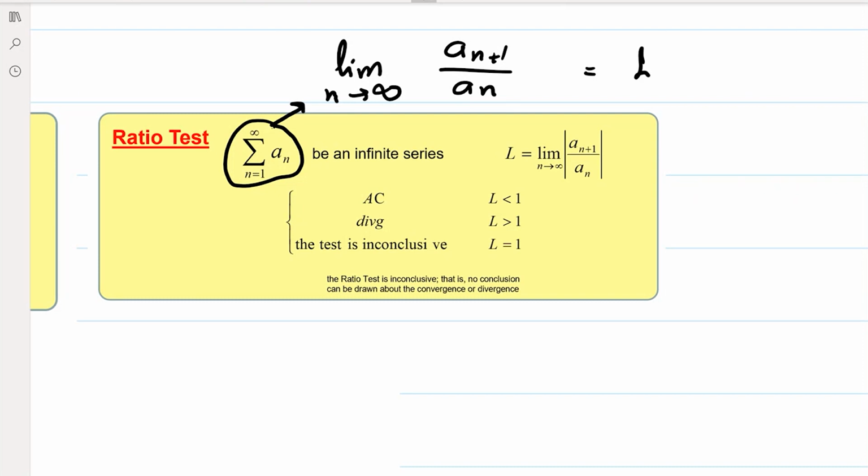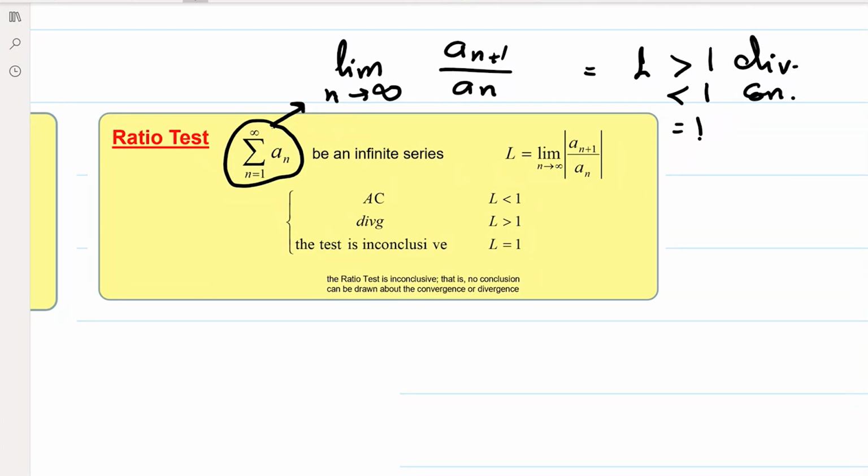If you get a constant L, and L is greater than 1, it will diverge. If it's less than 1, it will converge. If it's equal to 1, then we call this test inconclusive. What does that mean? No conclusion from here. I couldn't get anything. You look for another test.